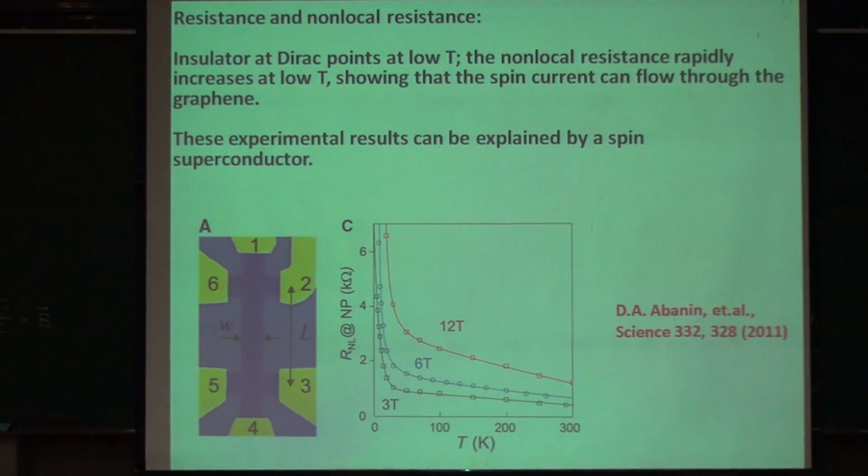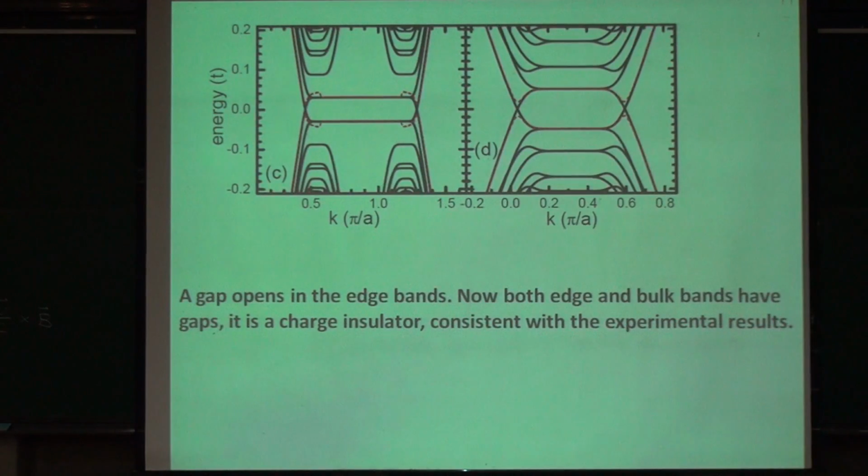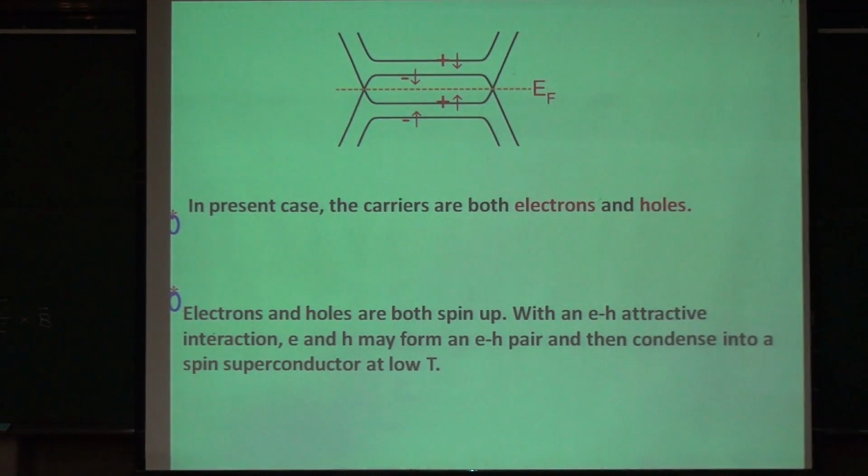That means there is non-charge transfer, and very likely spin transfer passes through. If we combine all these results together, we believe it is this situation, drawn in the diagram I have here. This is the band structure, very similar to what we had for ferromagnetic graphene.